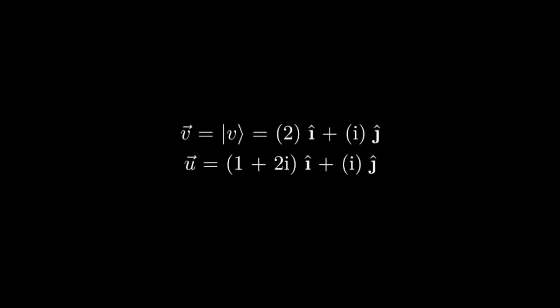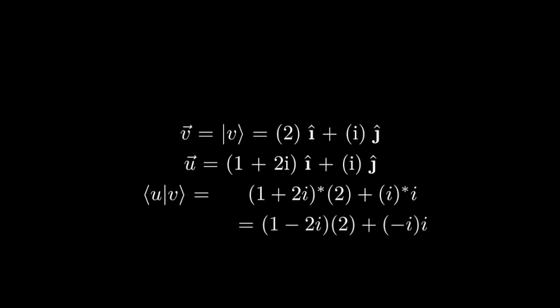Let's do a concrete example using the two vectors here, v and u. Here we'll use v as our ket, and we'll use u as our bra. So when we compute the inner product, we'll need to take the complex conjugate of the components of u. And the complex conjugate of the components of u is, again, just flipping the sign of the imaginary part of the component. Once we compute the conjugate, we get the following, again, just with the signs flipped.